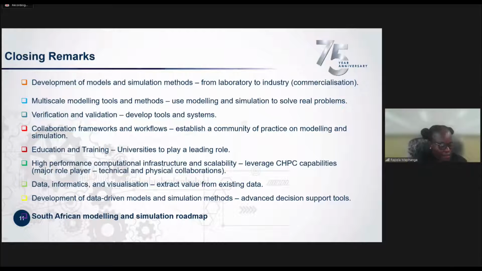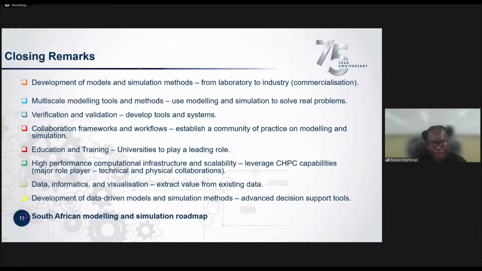And the last thing that I want to talk about is the South African Modeling and Simulation Roadmap. So given the program and the activities that could be done, we propose that in the short term, there could be a roadmap that will guide the research direction for modeling and simulation in the country.